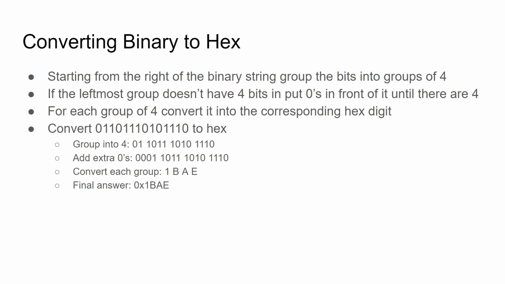So %x means display the value of this whatever as hex. So if you print like the integer 32 as hex, it'll show its value in hex, which would be 20. Okay, so you hard code it, is what you're saying?